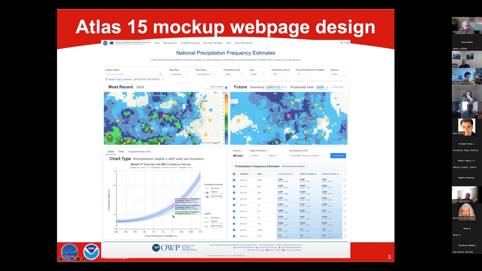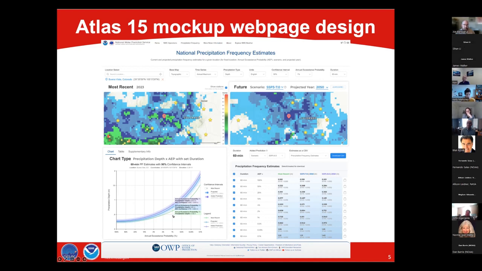But if new downscaled data sets become available based on CMIP 6, those could be incorporated very easily into incremental updates of NOAA Atlas 15. And then for NCA 7, when we would have CMIP 7 for sure, we could do maybe a more wholesale update using the same computational framework we're developing for Atlas 15.